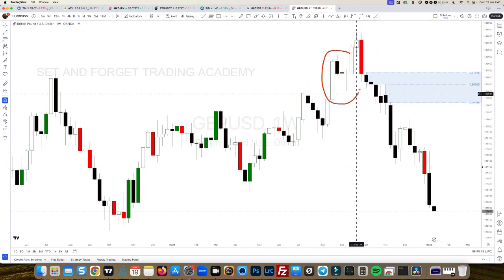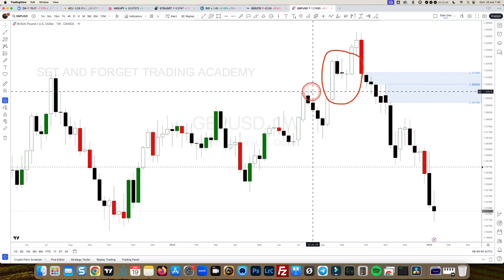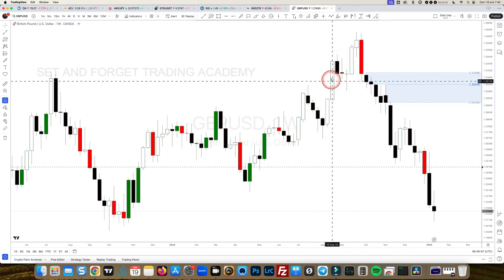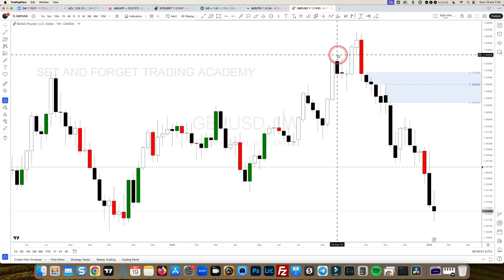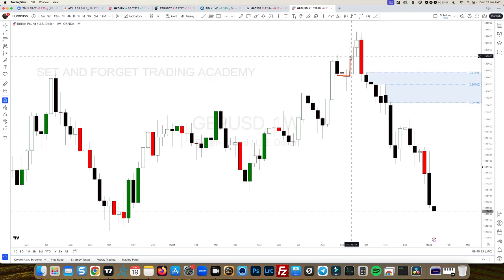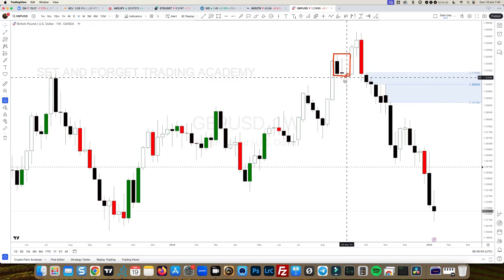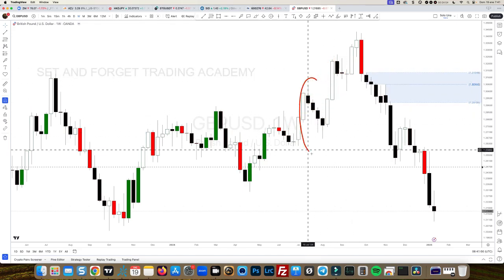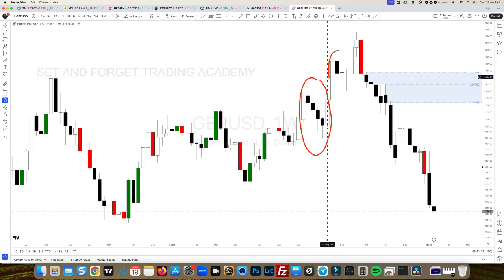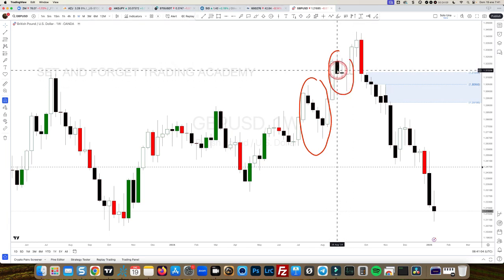This one over here, you might say, oh, this is a valley because we've got this drop-base-rally. But as you can see, this candlestick over there, then two basing candles of the same structure, and this wick over there doesn't make this a valley. This pattern over there has nothing to do with this.